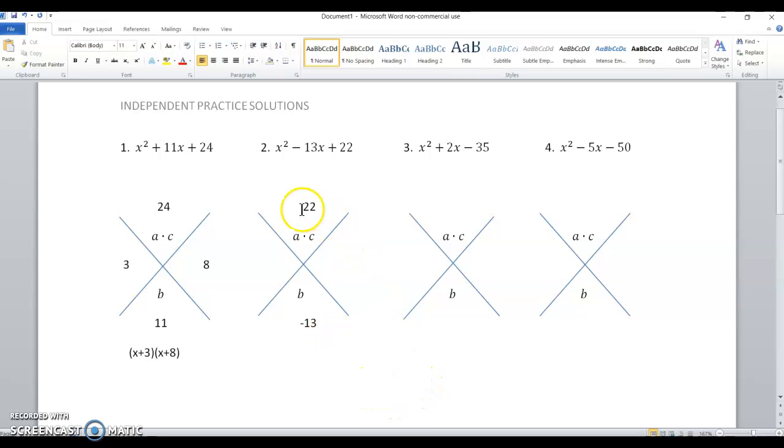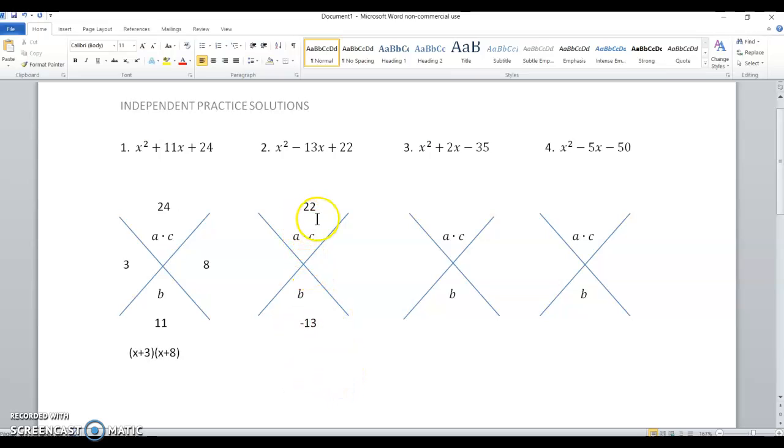So two numbers that multiply to 22 but add to negative 13. Well, if it's two numbers that multiply to a positive but add to a negative, we're going to have two negative factors, right? Because a negative times a negative will be a positive, and a negative plus another negative is also going to be negative.